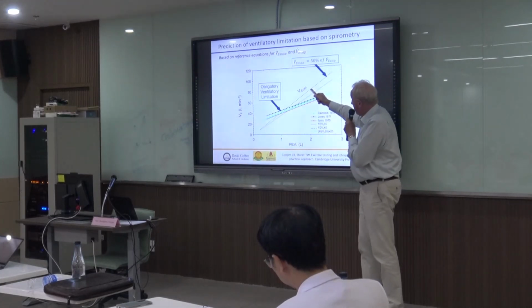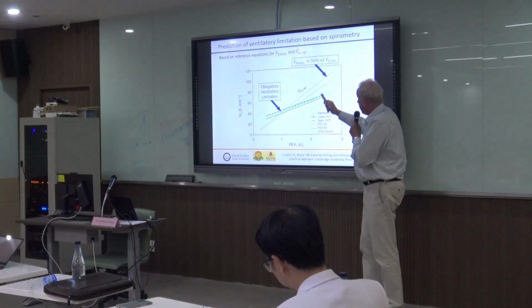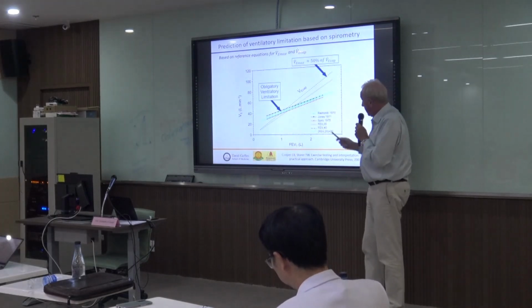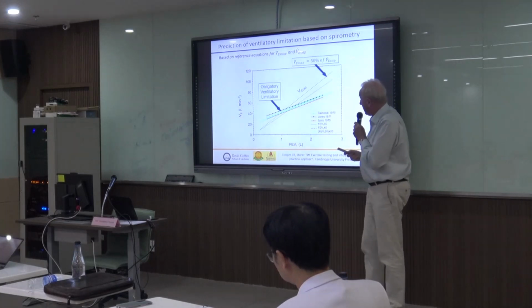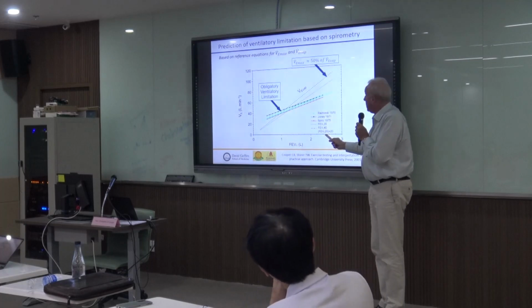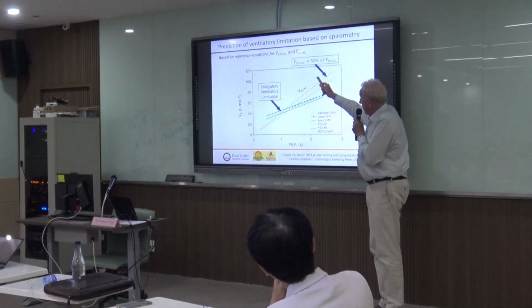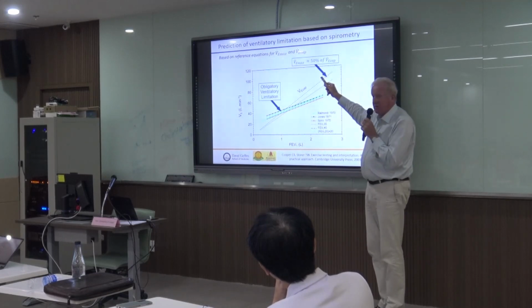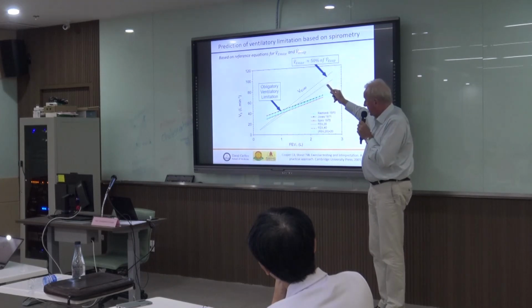The ventilatory capacity could be predicted by 40 times the FEV1 or 35 times the FEV1. Let's say 40 times the FEV1. Now, if we have an FEV1 of 2.5 liters, the ventilatory capacity is 100 liters, and the maximum exercise ventilation would be 50 plus 20 or 70. A person would use 70% of their ventilatory capacity.